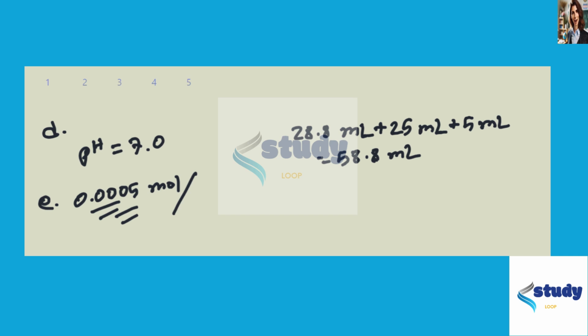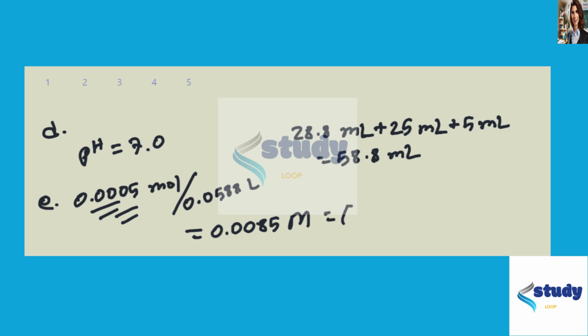So if we just divide our number of moles of HCl at that point by the total volume of 58.8 ml, or we have to divide it by the liter, so we have 0.0588 liter, and this division will give us the concentration of the HCl excess, which is 0.0085 mole per liter or molar.